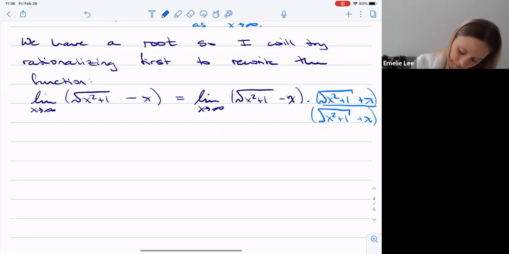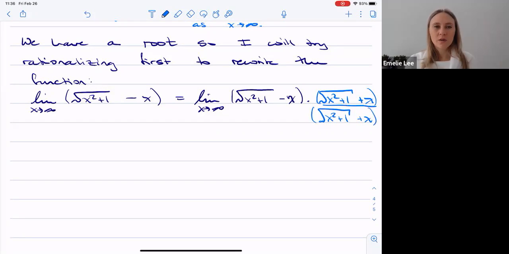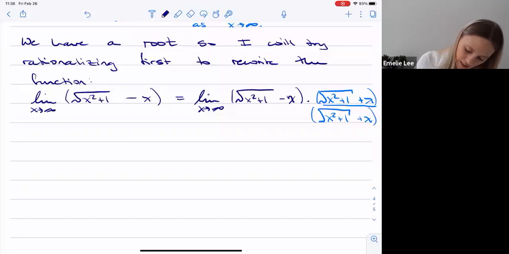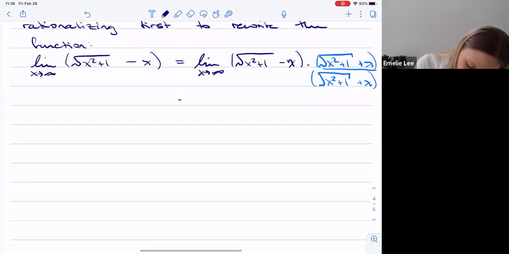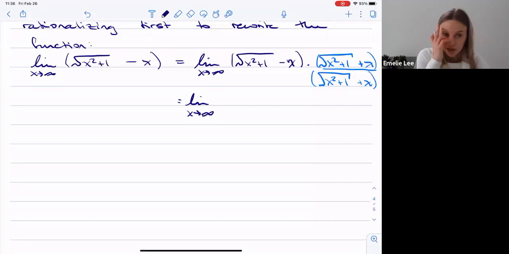Okay. So when we rationalize, the reason we do it is because we square the square root, and then we get x squared minus x squared, and everything else cancels out. So this becomes the limit, and you can expand it out by hand.